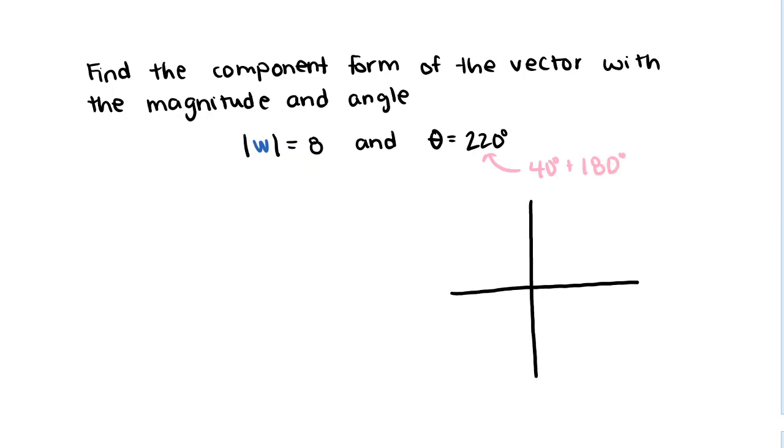And so here I can imagine my angle being maybe about there, 220 degrees. And our vector looks something like this. And so here, this is our vector W with a magnitude of 8.